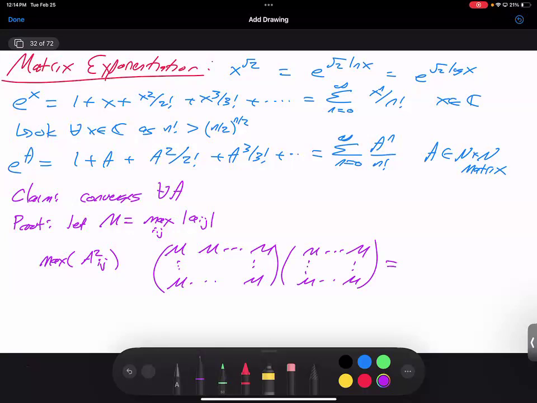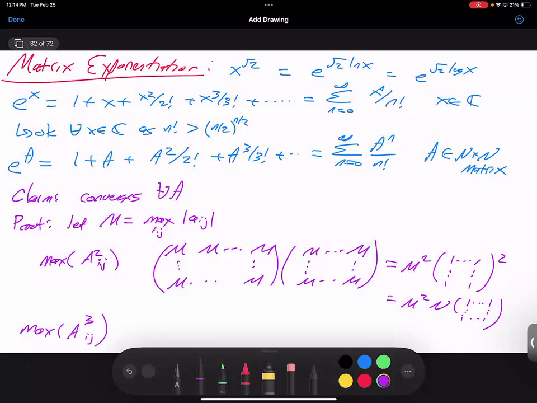And then this is just going to be M squared times the matrix of all ones squared. And what's the matrix of all ones squared? This is going to be the matrix of all n's. So I can pull out an n, and this would be M squared n times the matrix of all ones. What if I gave you the maximum of A cubed? You would just have another one of these matrices.